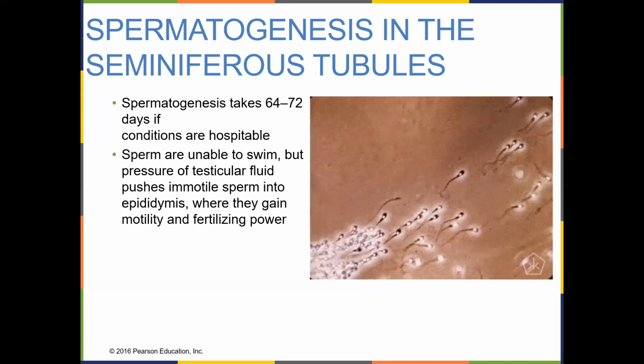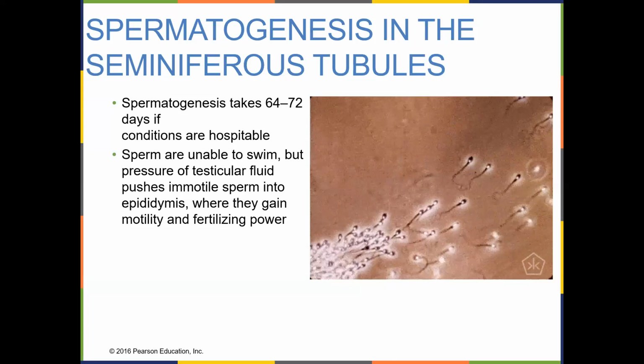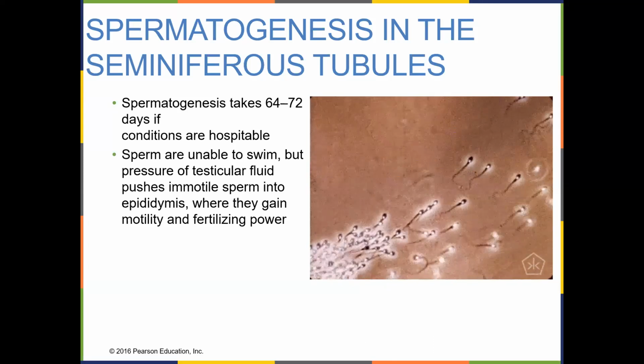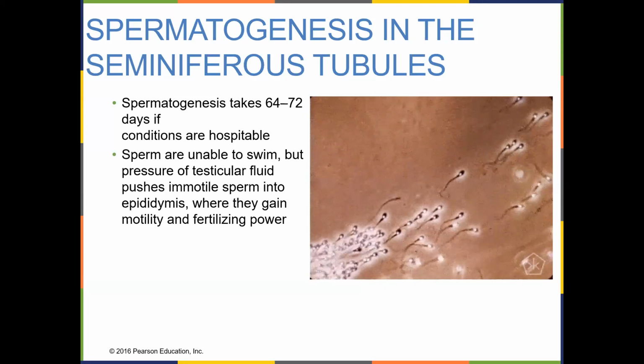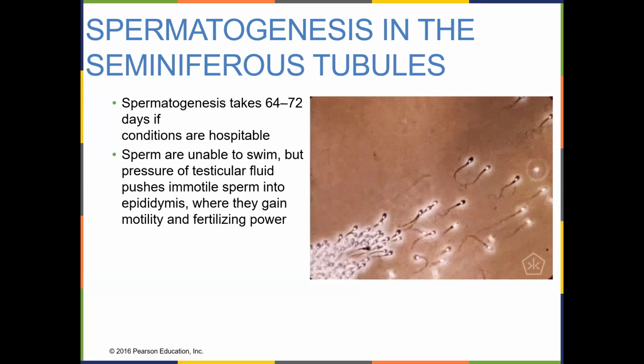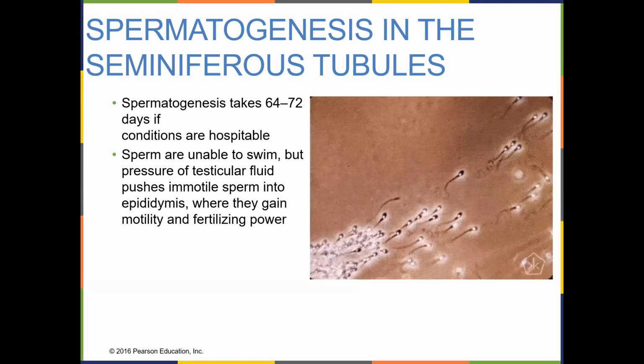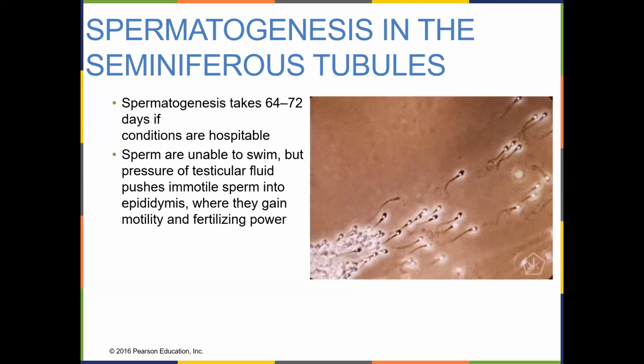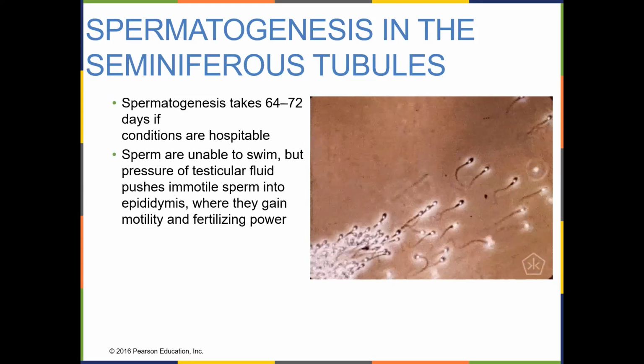The fluid in the seminiferous tubule and ultimately in the epididymis are going to push the sperm cells. Essentially, you're pushing the sperm cells into the epididymis so they can develop their motility and build and develop their enzymes on the head of the sperm.